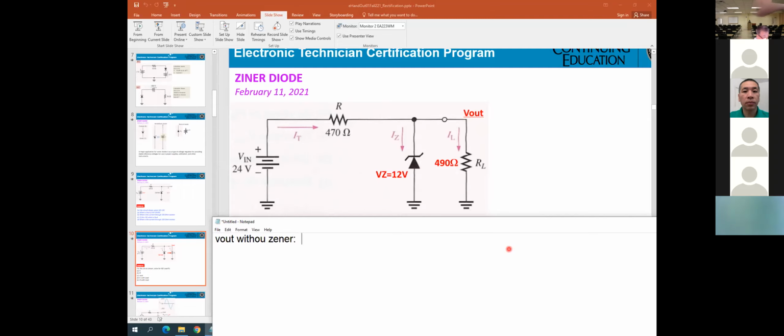Then V out equals 24 times RL divided by R plus RL. That's what we call voltage divider.